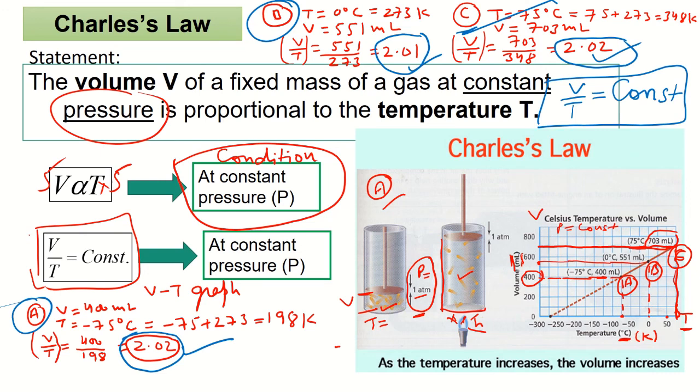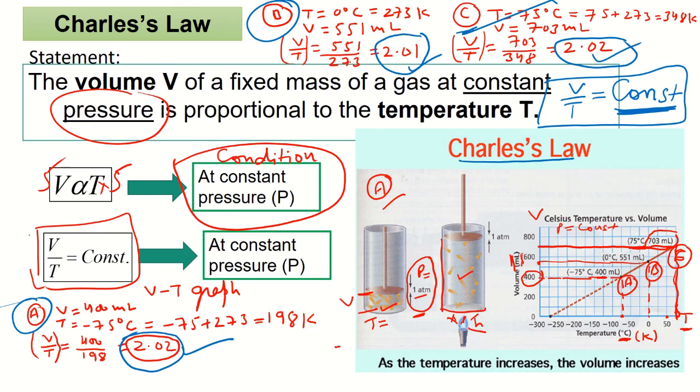The Charles law says if you take any point on the graph, any 1 point, 2 points, 3 points, 4 points, any number of points on the Charles graph, the ratio of the volume and the temperature at those points is constant, it will never change. And the standard shape of the graph is always like this one.